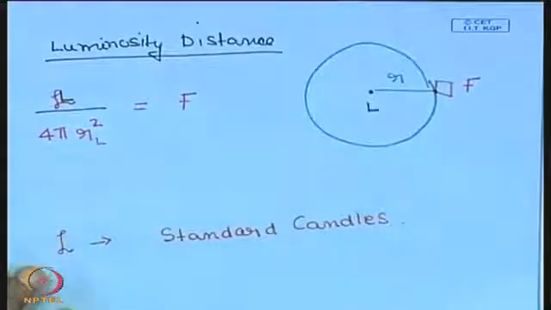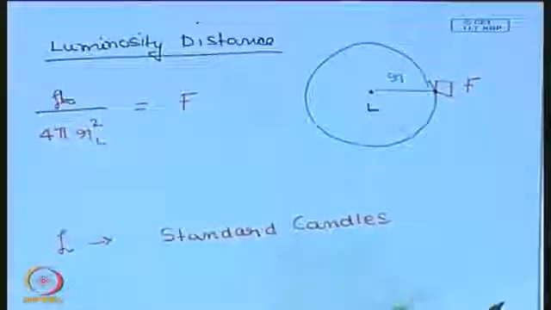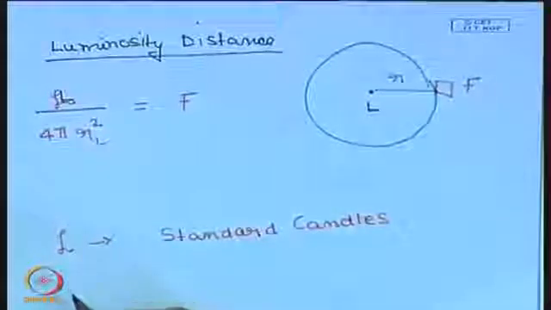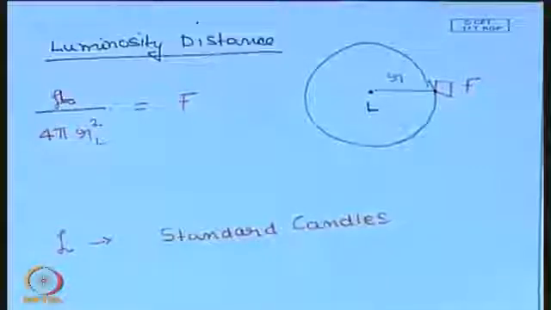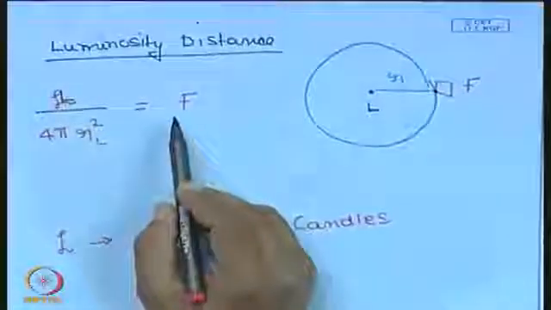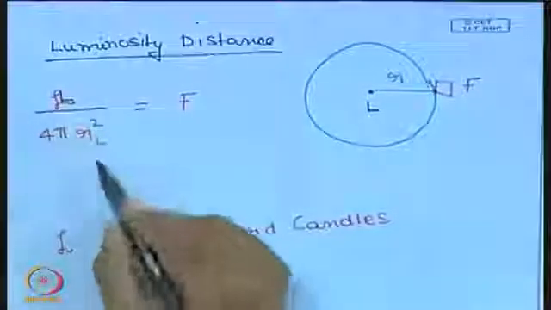If I have some prior information that my source is a 100-watt bulb, and if I can measure the flux, I can get the distance to the source. In cosmology there are astronomical sources for which we believe that the luminosity is known. So, if you can measure the flux from such a source, you know the luminosity, you can measure the distance.